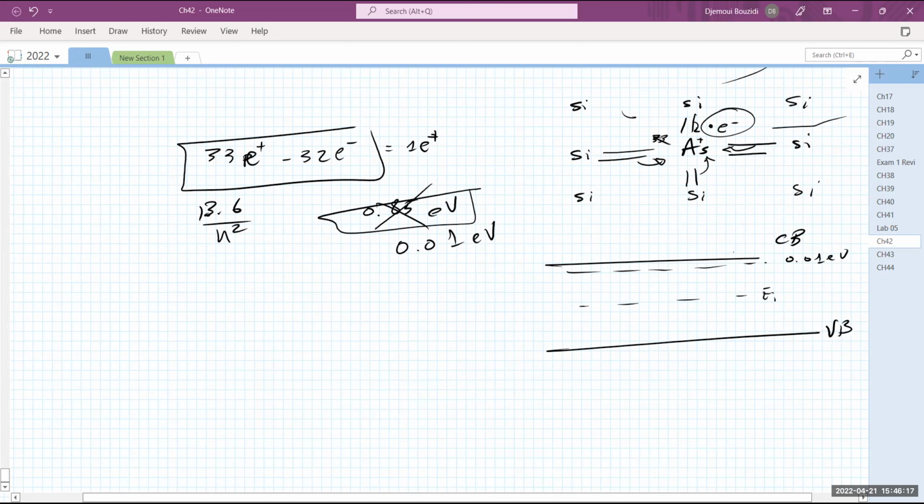So in this case, depending on the concentration of the arsenic, of course, you will have a lot of electrons, because each one of them brings you exactly 1 electron. So the number of available electrons for the most part is going to be equal to the concentration of the arsenic inside your silicon lattice. Okay, so that is basically how you can form this. In this case, the arsenic has given an electron, so it's called the donor.